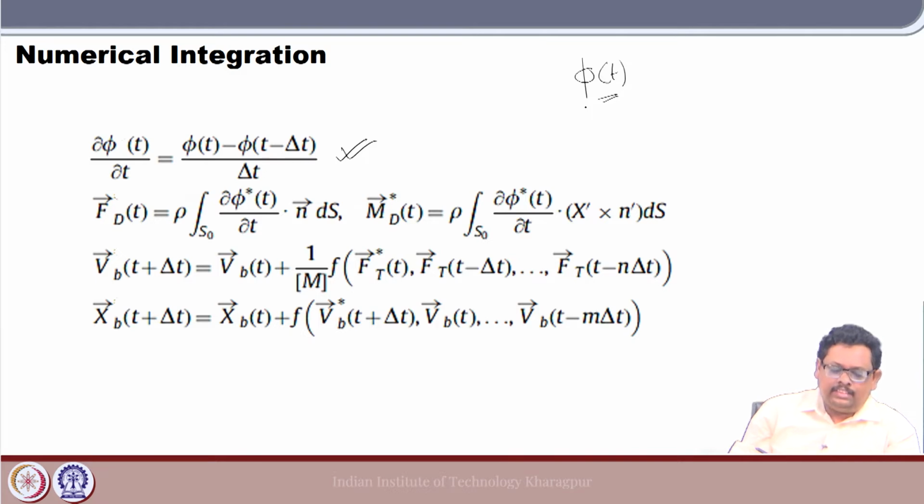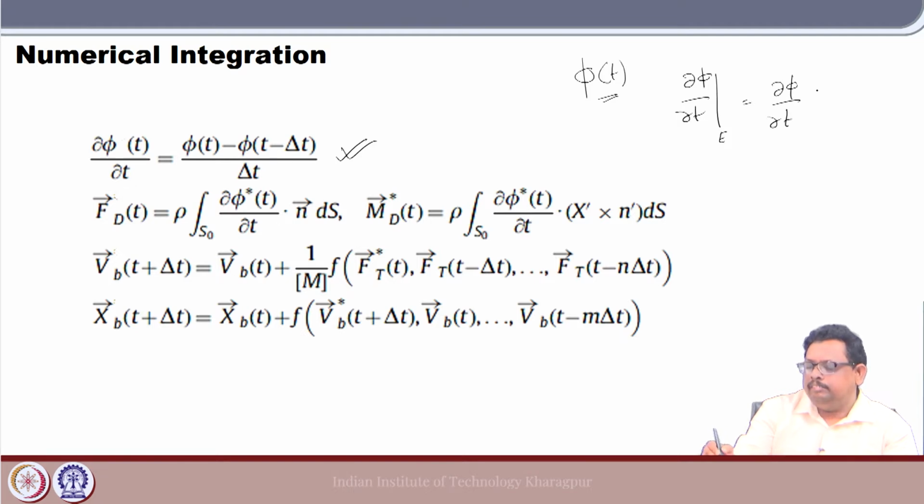Then we have to find this del phi del t in the earth fixed system. So, you can write it as del phi del t in the body fixed system minus u into del phi del x.